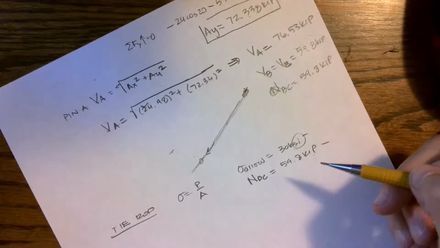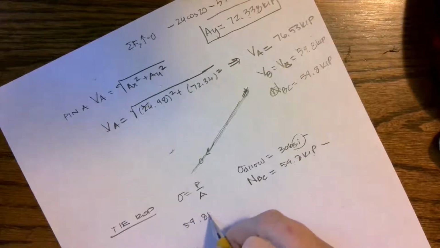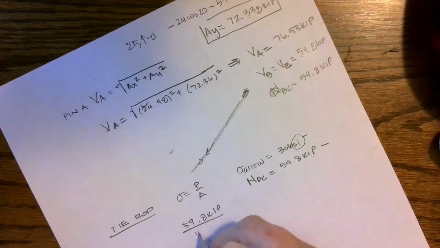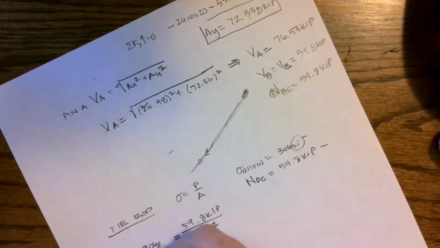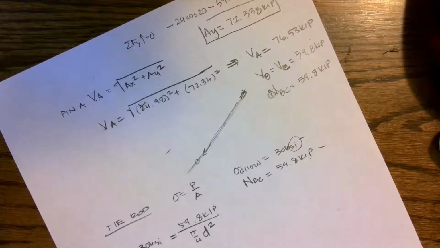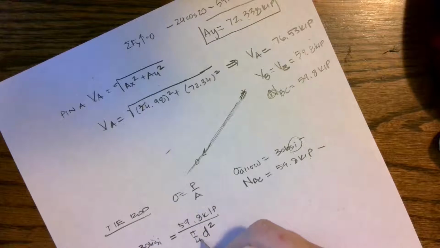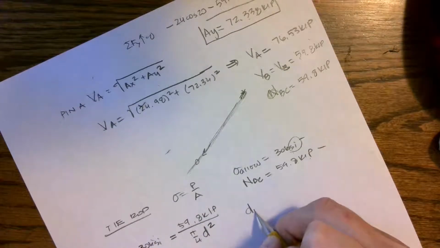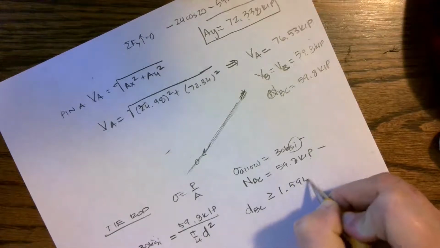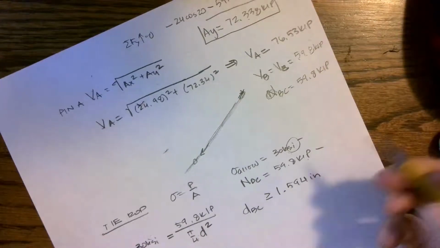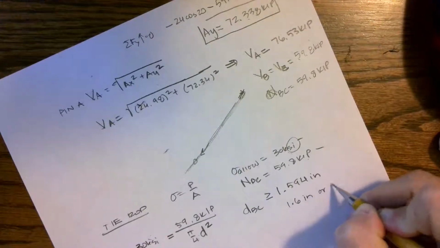It's just setting up that ratio. So we have 59.8 kips divided by pi over 4 d squared equals 30 KSI. So if I do my math correctly, I'm going to cross multiply, take the square root, and the diameter of tie rod BC has to be greater than or equal to 1.594 inches. Okay, so we would use 1.6 inches or larger.